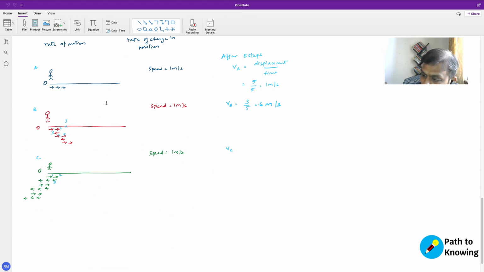This is after taking the fourth step, and this is after taking the fifth step. So if you see, person C has actually gone 1 step behind the origin. So which means that the velocity of C is equal to minus 1 by 5, which is equal to minus 0.2 meters per second.